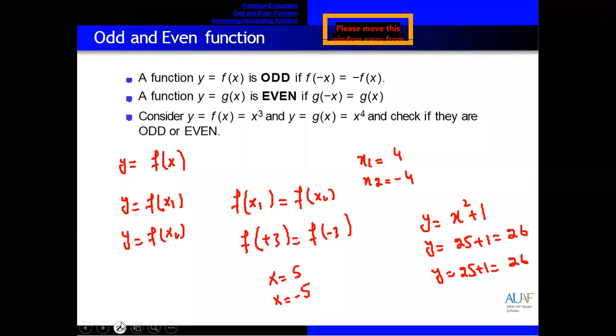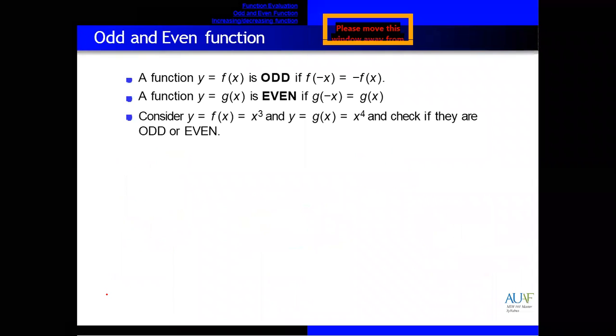Again, one more example of an even function: y is equal to x square minus 3. So this function is an even function. Why is this an even function? Because if you give any two values, x1 and x2, the same values with different signs, like plus 3 and minus 3, and the results are the same, that function is called an even function.